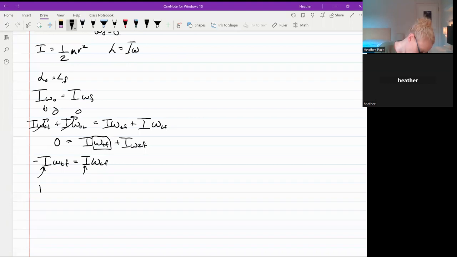So I is 1/2 m r squared, negative omega TF equals, that was given to us.